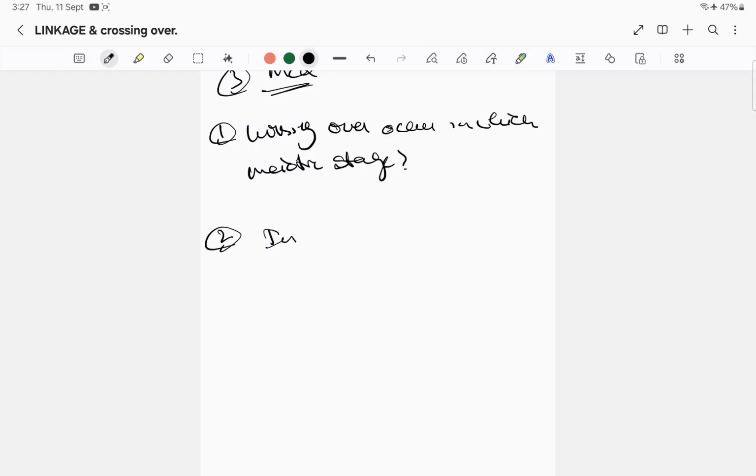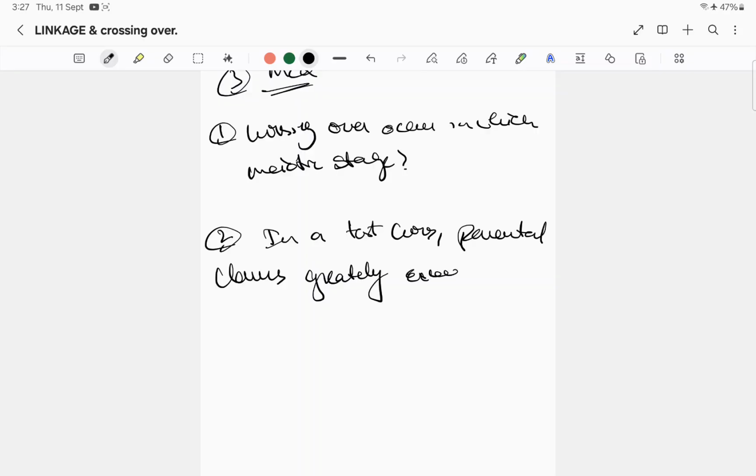Second question: in a test cross, parental classes greatly exceed recombinant. What does this suggest?